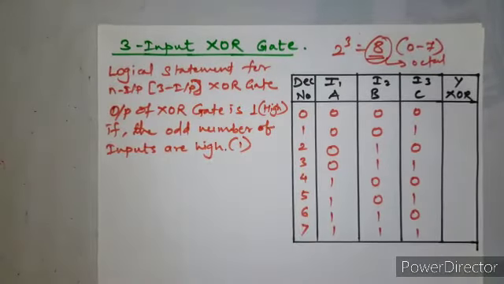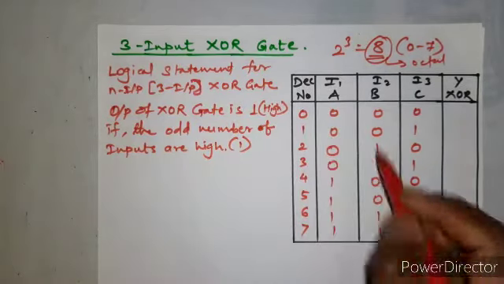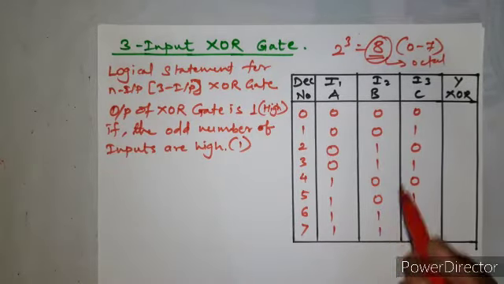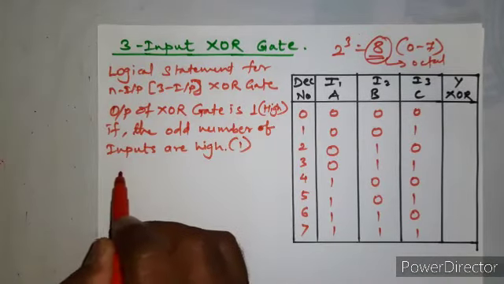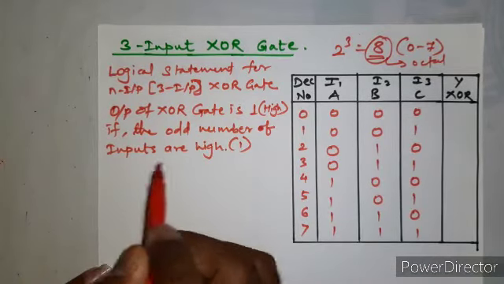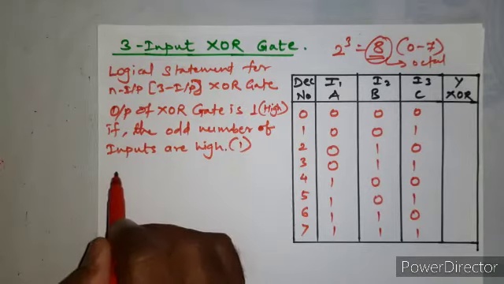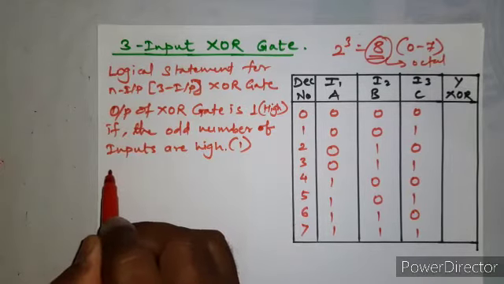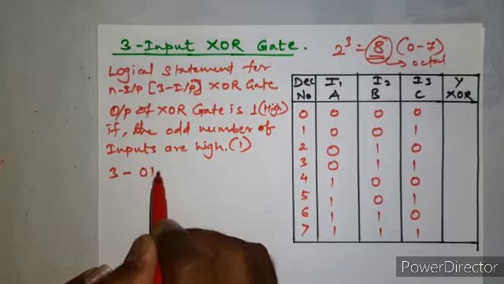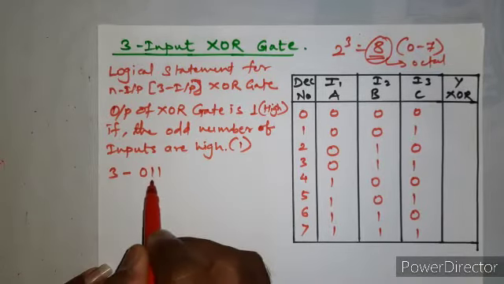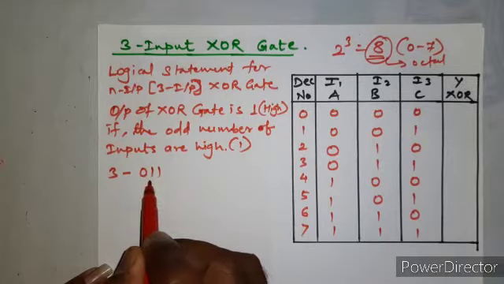What does that mean? In the input combinations of this 3 input XOR gate, we have to see how many ones we have in each combination, right? Consider 3, which can be represented as 0 1 1. How many inputs are high here?